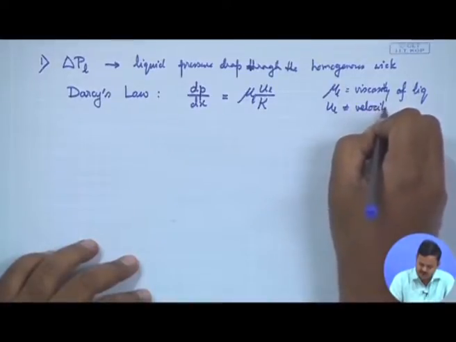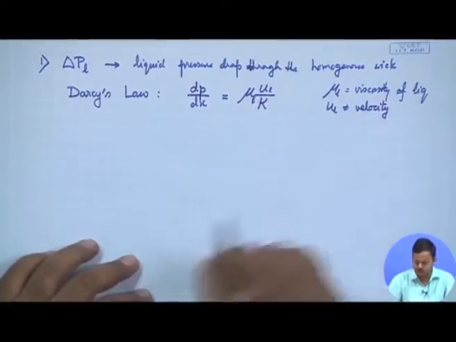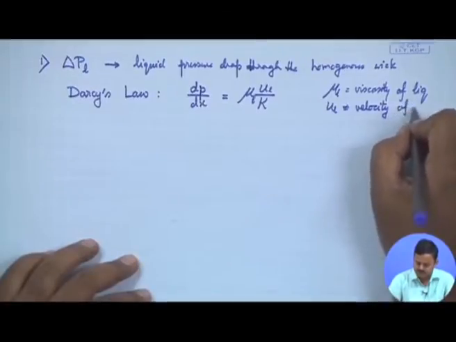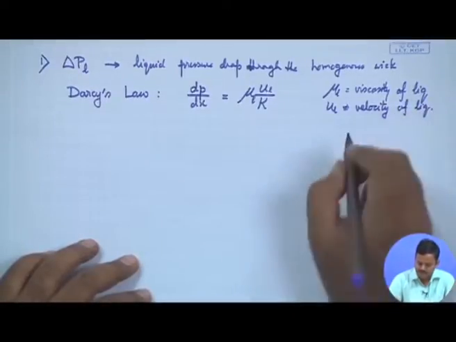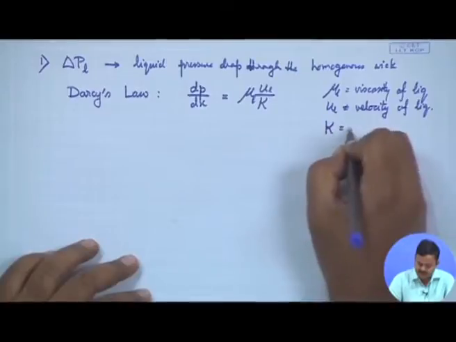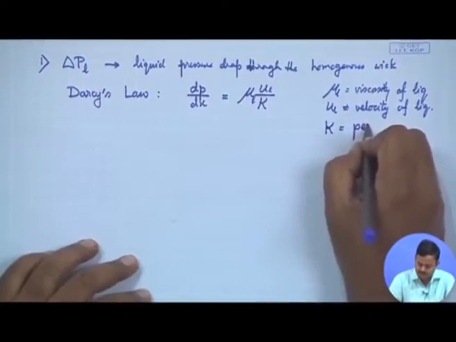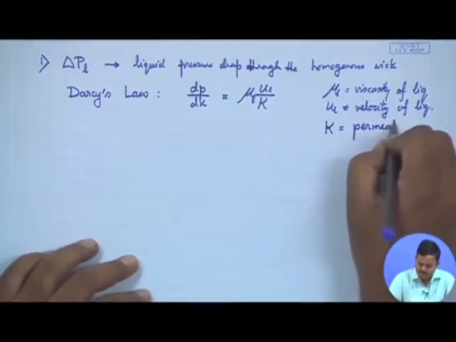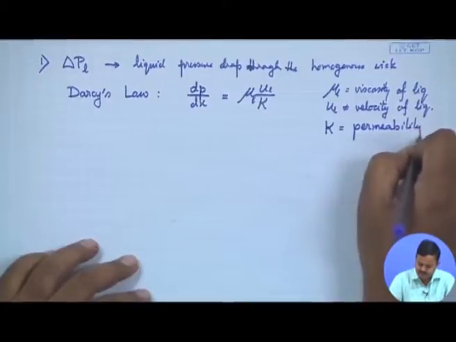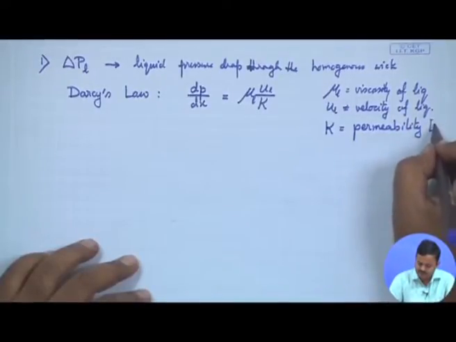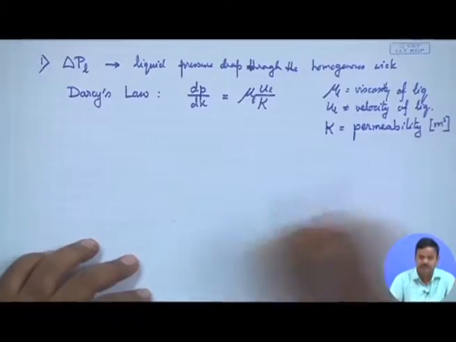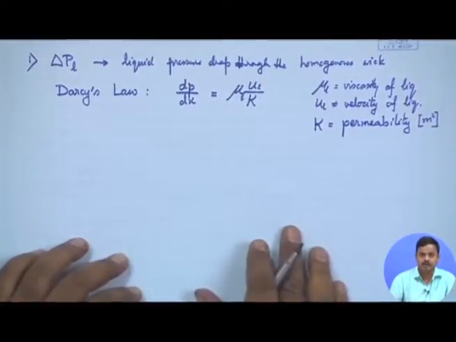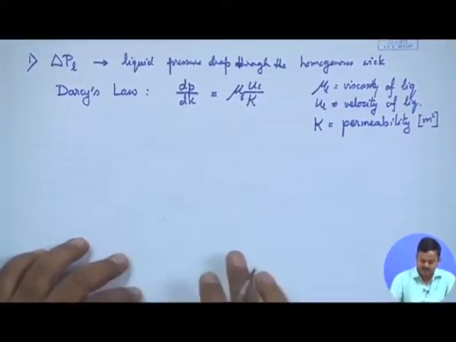Since we are saying dP/dx, we have used u, velocity of liquid, and K, this is important, is known as permeability. Typically its dimension is meter squared. So, this is Darcy's law.